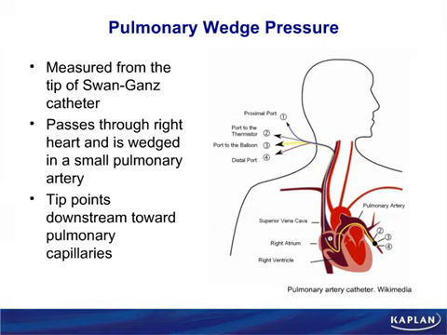What's downstream? If we're in a small pulmonary artery, pulmonary capillary. So we're measuring technically pulmonary capillary pressure. But this pulmonary capillary pressure is going to be very close to left atrial pressure. So we utilize pulmonary wedge pressure as a marker of left ventricular preload.